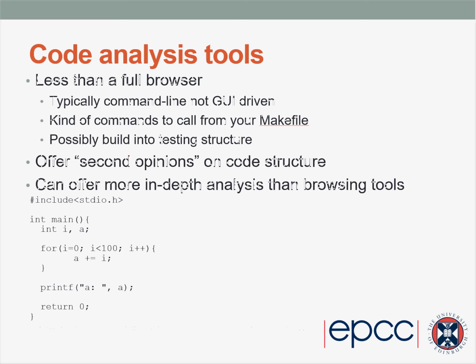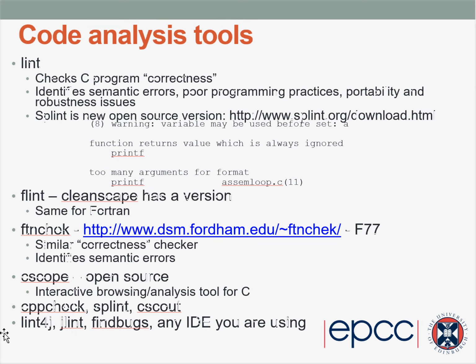And indeed, if we look back at this program, I can see that I'm adding data into A as I go around that for loop, but I've never initialized A to 0. So it's giving me a warning. It's saying, did you mean to do this? Because if you haven't initialized A, then you may not get the correct answer here.